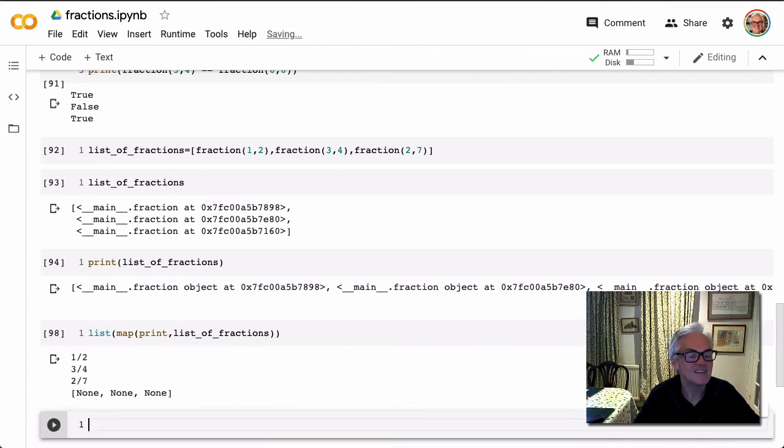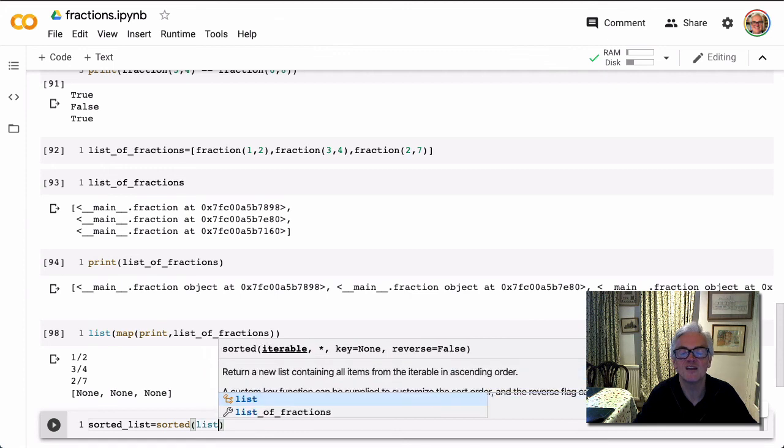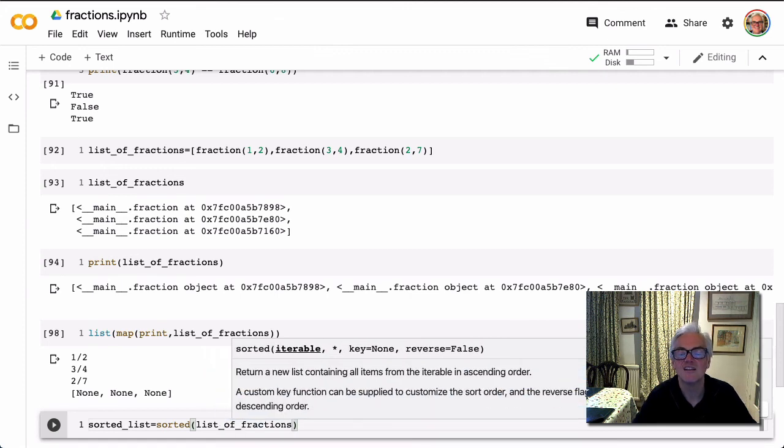Good. Okay, so now what we can do is take our list of fractions and sort it out. So sorted list is equal to what happens if we ask for sorted, the function, to be applied to our list of fractions.